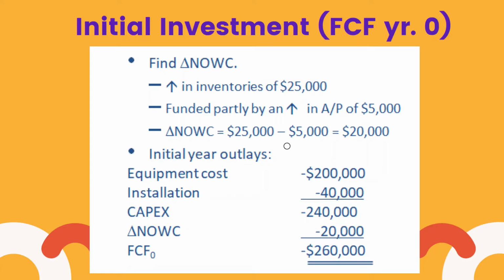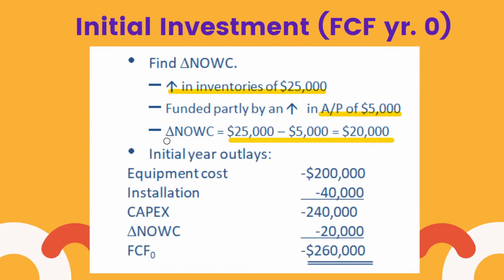Besides an investment in the fixed asset, we also invest in the short-term operating asset, such as raw materials and spare parts for the machine. So this will increase an investment in inventory equal to $25,000. When we purchase raw material from the supplier, we receive a trade credit equal to $5,000. The net investment in the operating working capital is equal to $20,000.